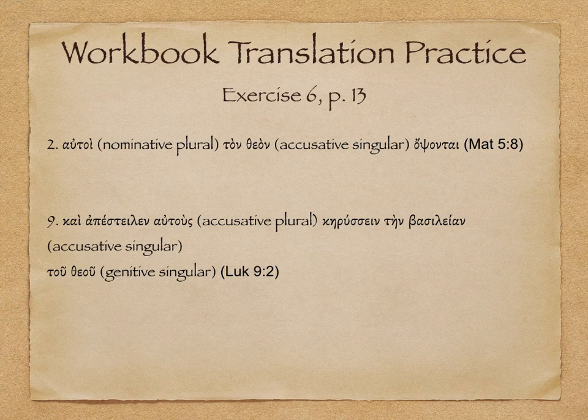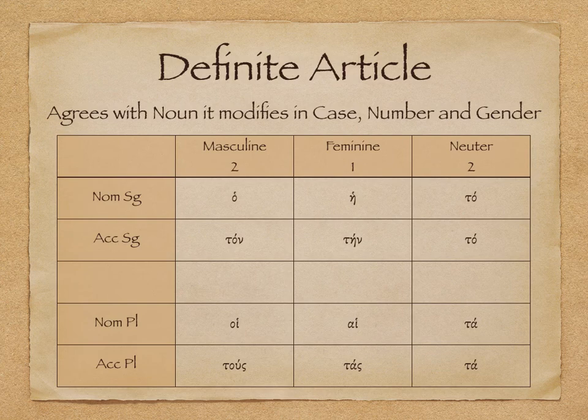You'll need to think about that and work with them on your own. I just wanted to give you a bit of help in identifying nominative and accusative, and we'll get to genitive in the next chapter, but I wanted to introduce it here, tou theou in number 9. So that's just some help for your translation work and exercise 6 this week.